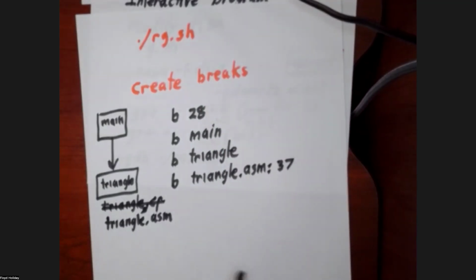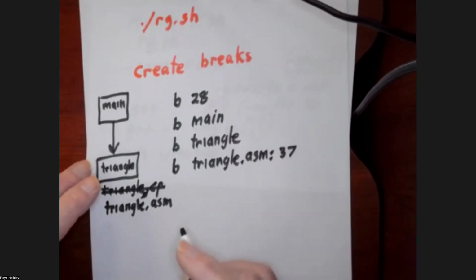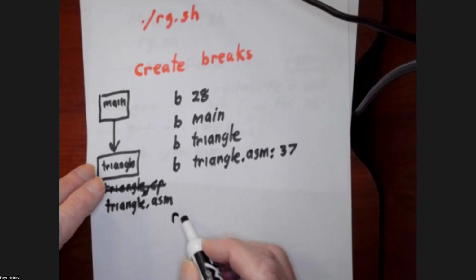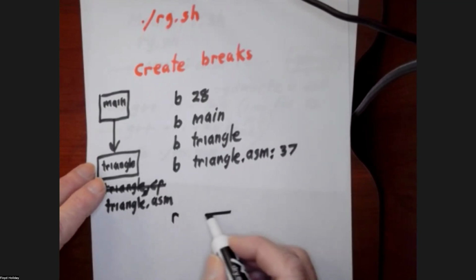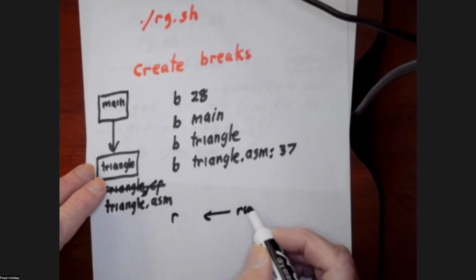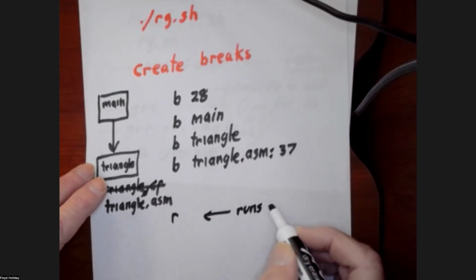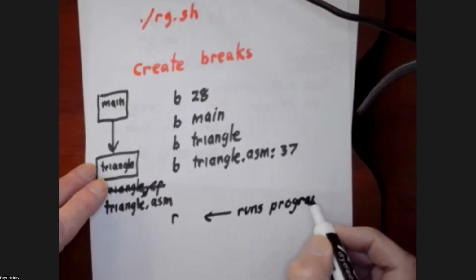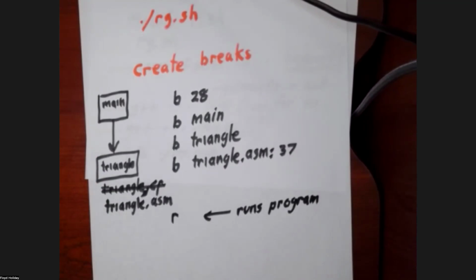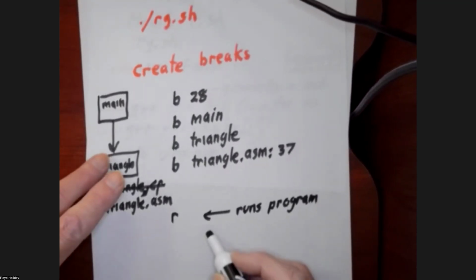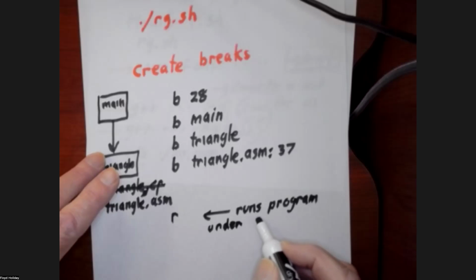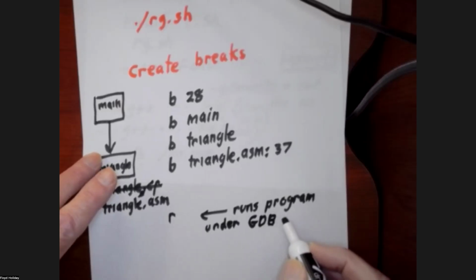Okay, make breaks. After you've made a few breaks, you want to run the program. So you enter just the letter r. Runs the program under GDB control.